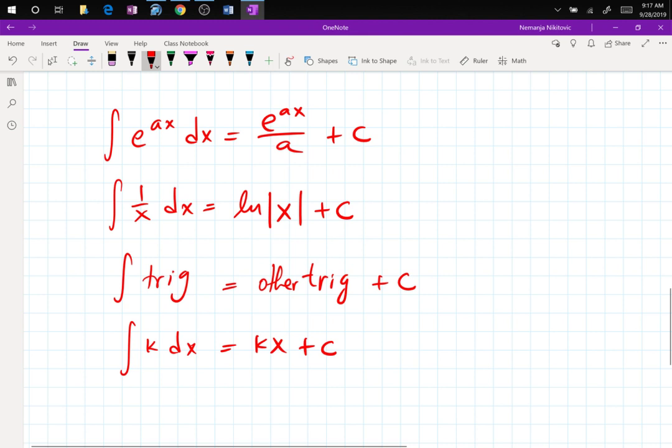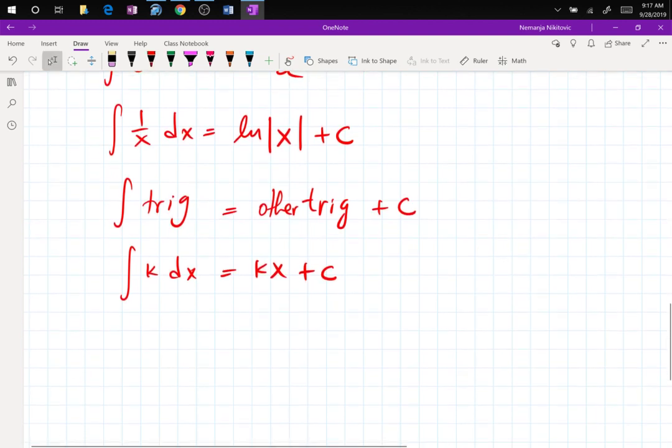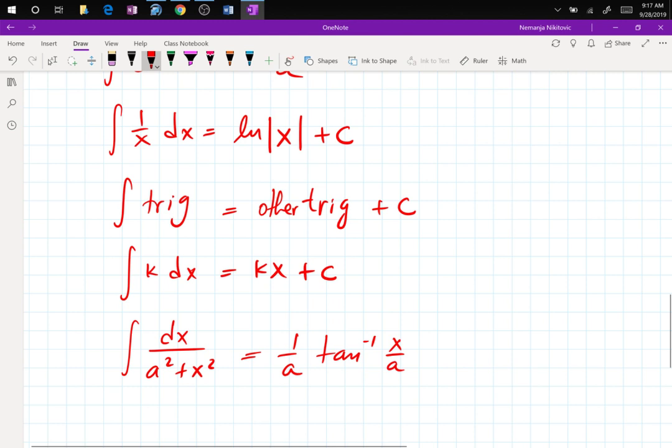Then you have the one that I did tell you to pay attention to, dx over a squared plus x squared, or x squared plus a squared, whatever, which is 1 over a inverse tangent of x over a plus c.